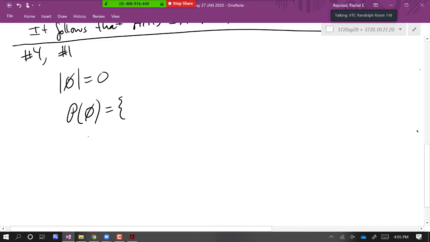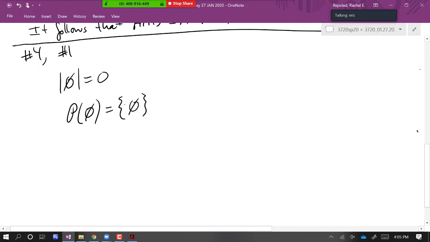What are the subsets of the empty set? It's just the empty set itself, because the empty set is a subset of every set, so it belongs in this list, but there are no other elements with which to form subsets, so that's where we end.